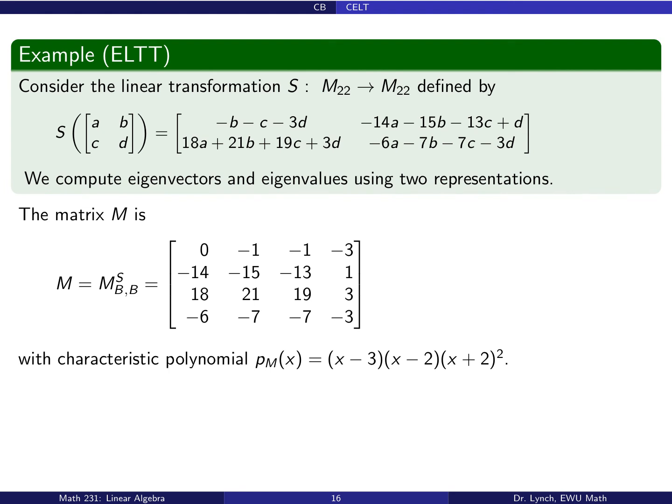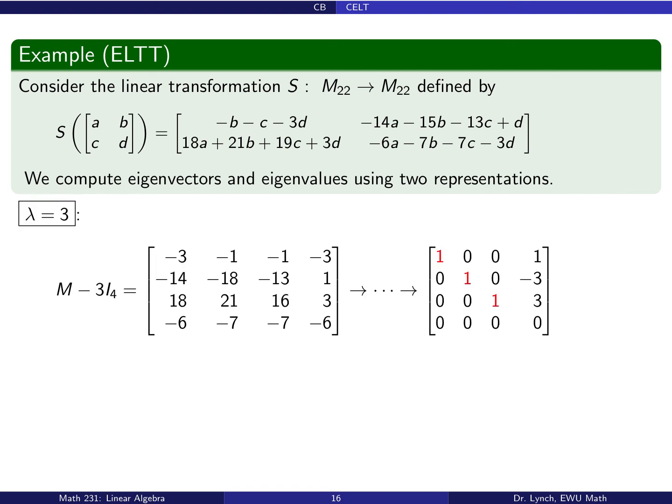The characteristic polynomial of this matrix is given as this quartic polynomial, so we can quickly pick off that the eigenvalues of the matrix are 3, 2, and a repeated eigenvalue with algebraic multiplicity 2 of -2. So let's go ahead and have a look at the eigenspaces.